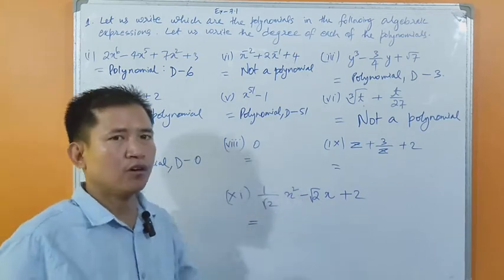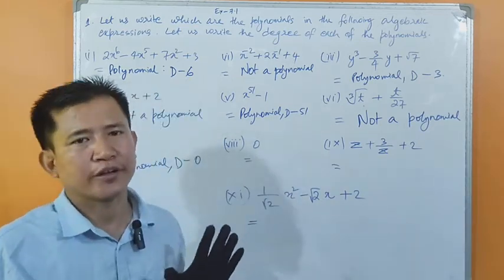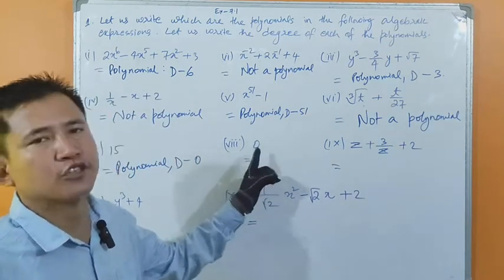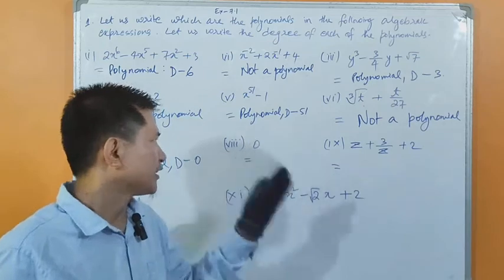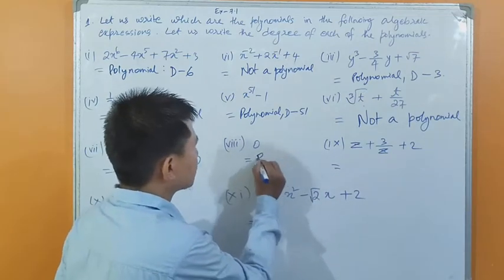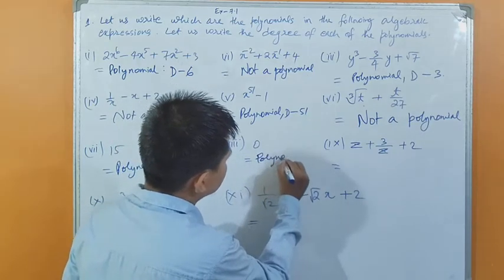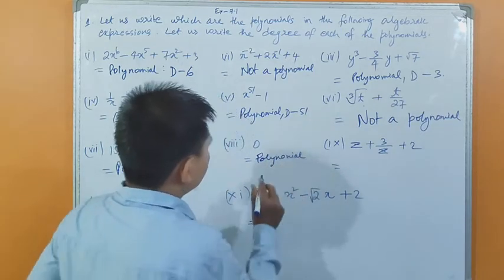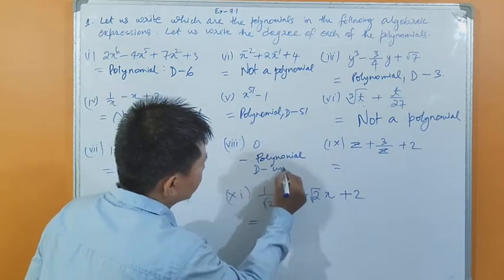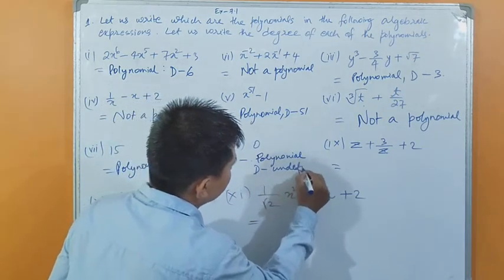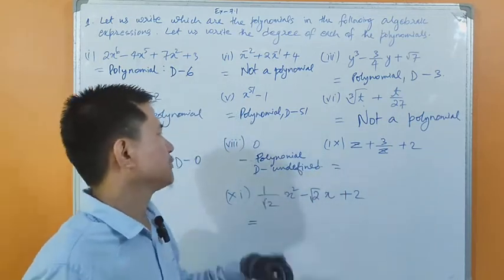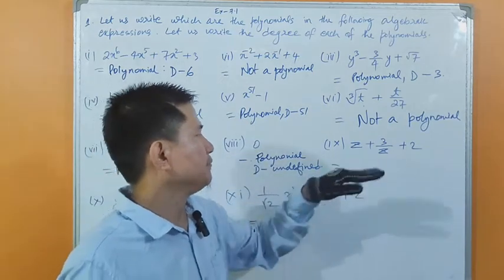Now 0 is also a polynomial, a constant term. 0 is also a polynomial, but the degree of the polynomial is undefined here. Degree of 0 polynomial is undefined. Keep this in mind. Now let's come to the point here.